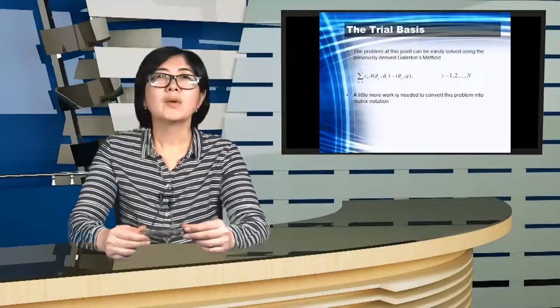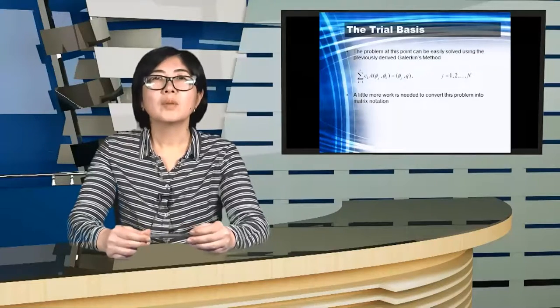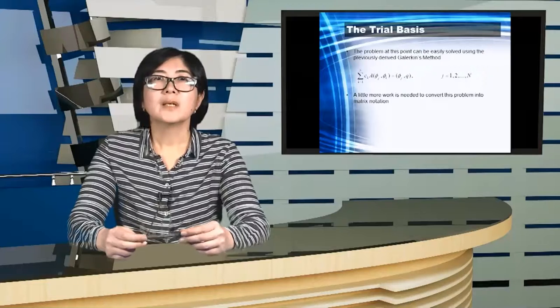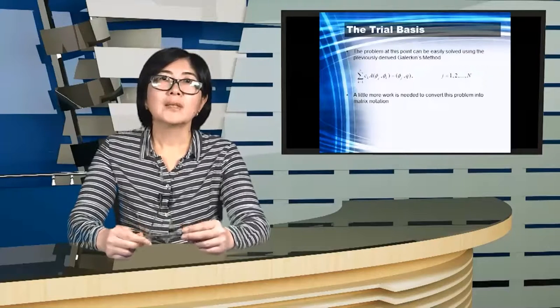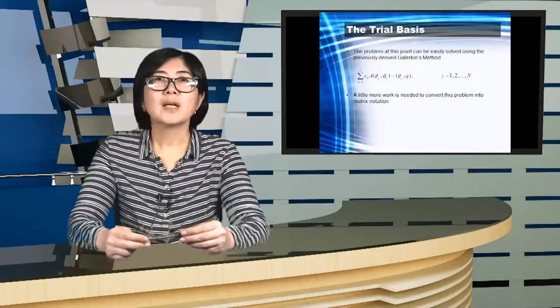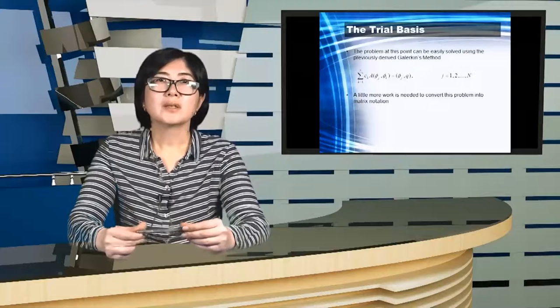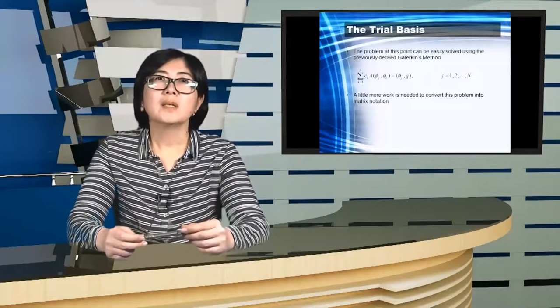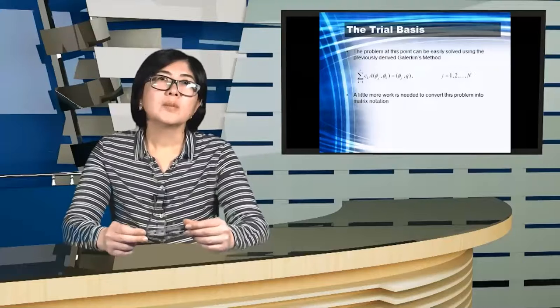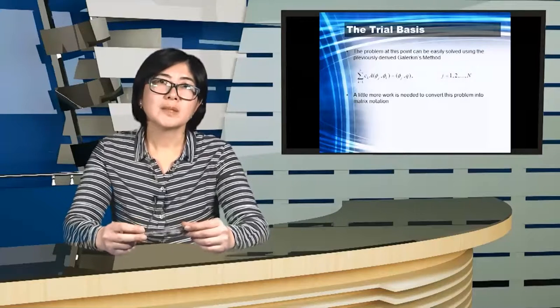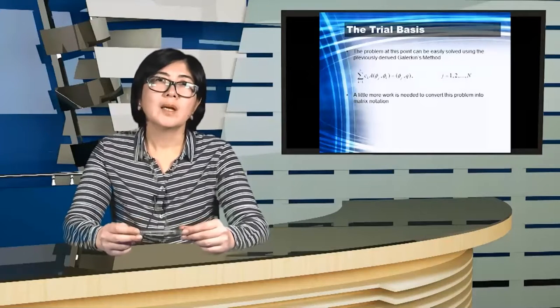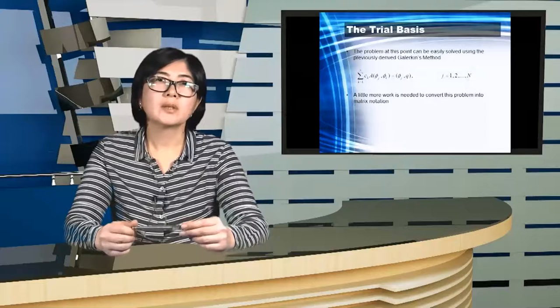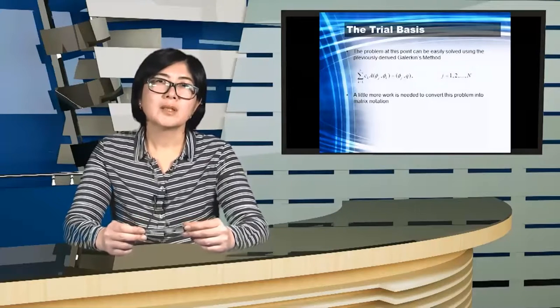Let us now go back to the weak form derived in the previous slide and substitute this trial basis into the equation. The problem at this point can be easily solved using the previously derived Galerkin's method. A little more work is needed to convert these problems into matrix notation.